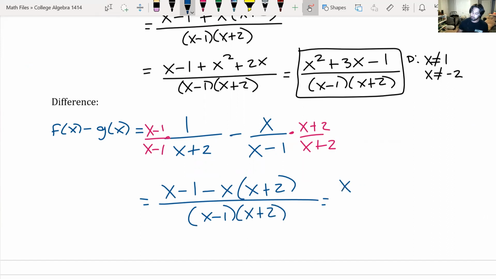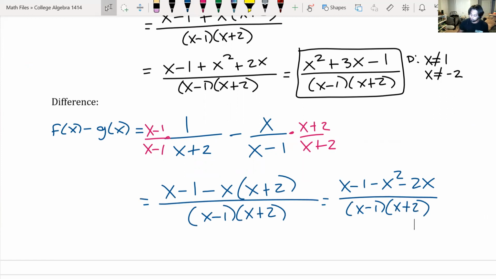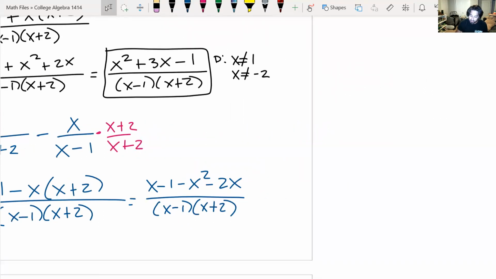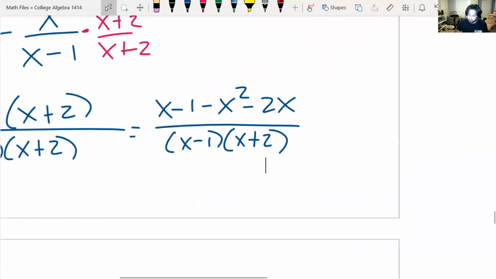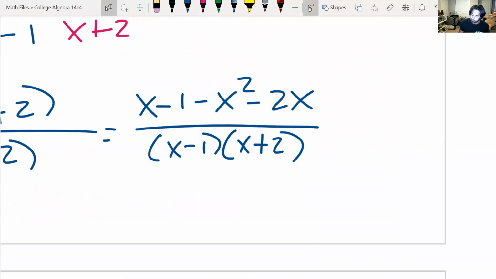Distribute: x minus 1 minus x squared minus 2x over x minus 1 times x plus 2. And simplify, writing too big again, sorry.